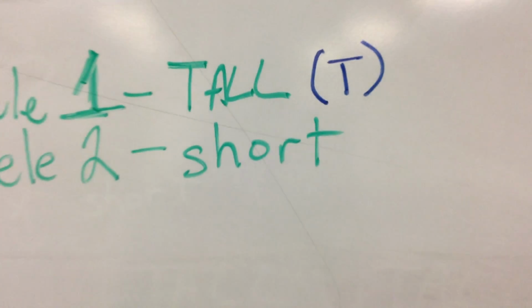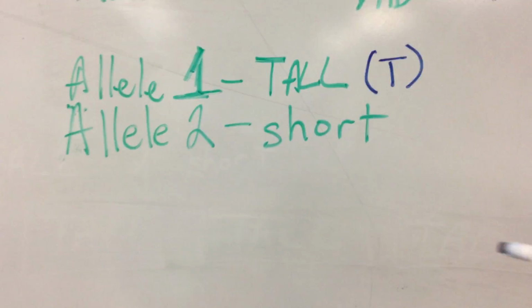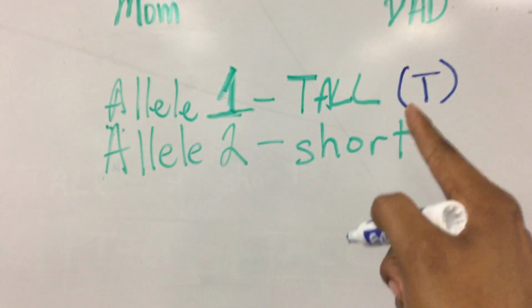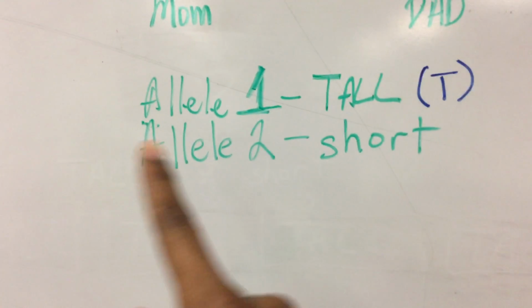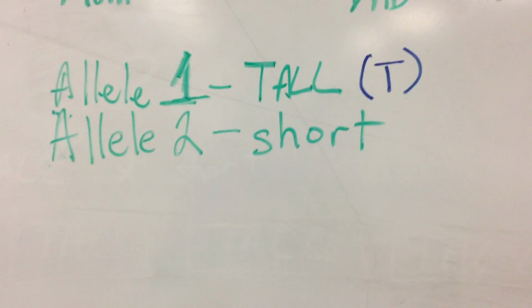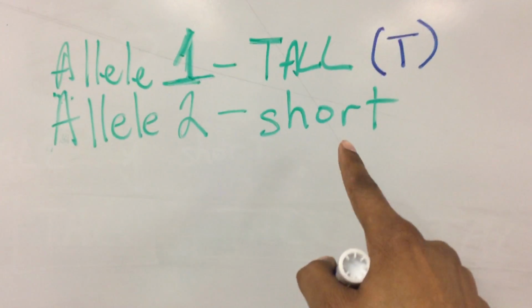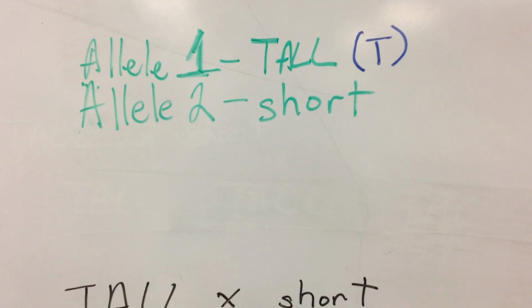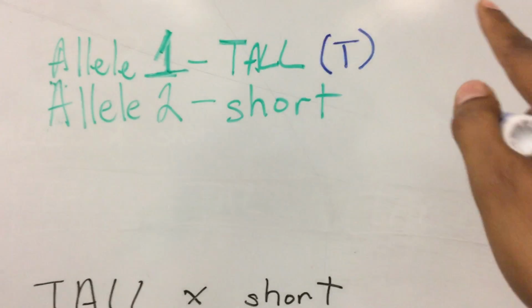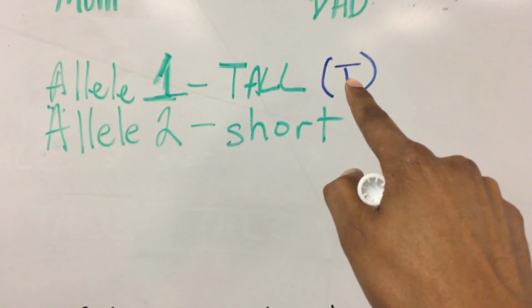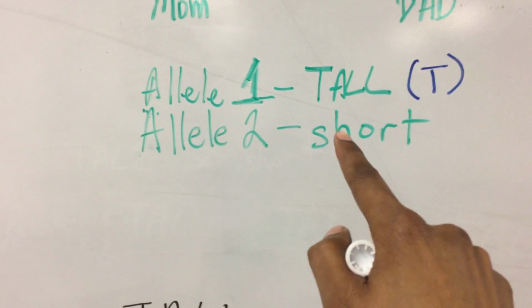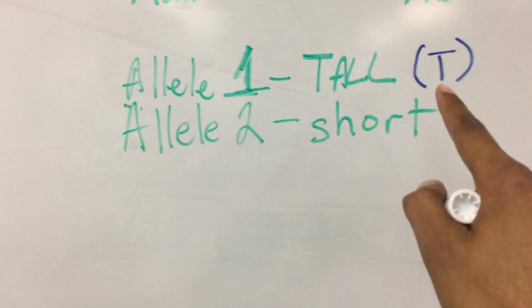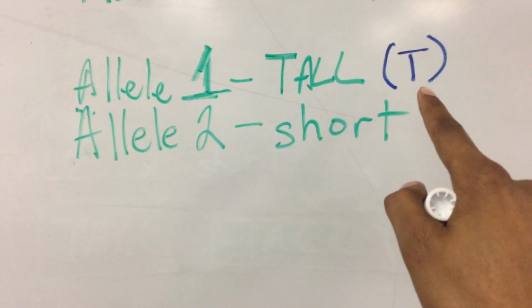Okay, so that capital T represents the tall version of the gene, the tall allele. Now, I want to use a letter to represent a short allele, the short version of the gene. And I'm going to use the same letter. I'm going to use a T because I want to make sure that we're all on the same page, that this is the same gene for height.